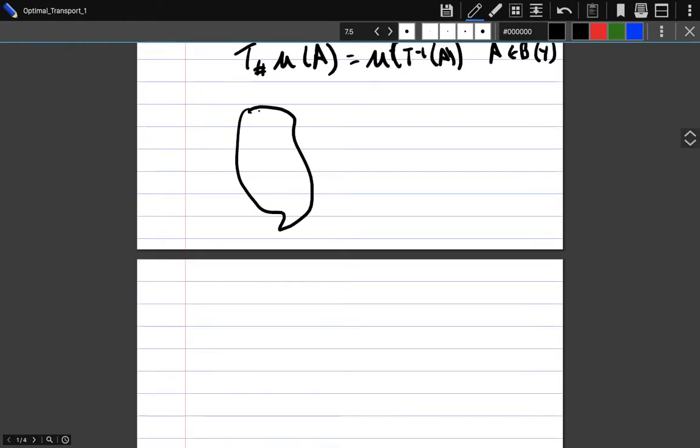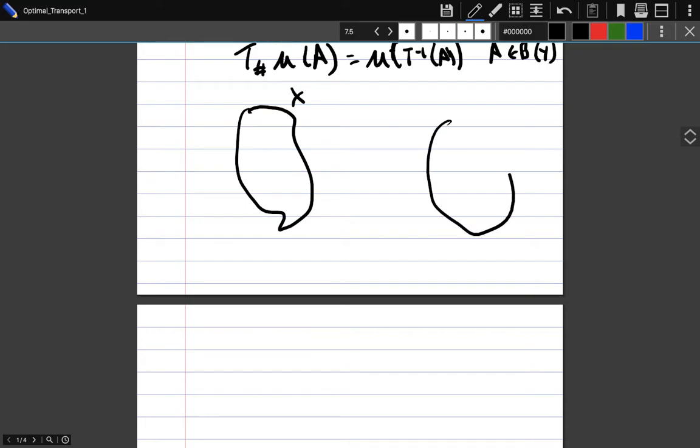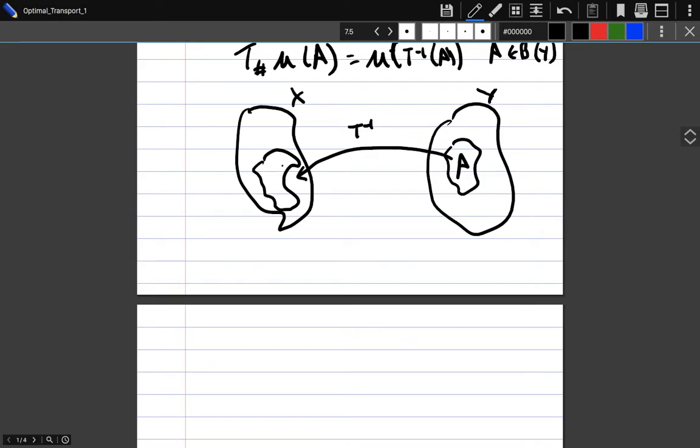You have your space X, and then you have your space Y, and let's say you have some set A here. What you can do is bring this back using T inverse, and then you get some set here, which is T inverse of A. Because mu is a measure on the space X, we know how to measure these sets.